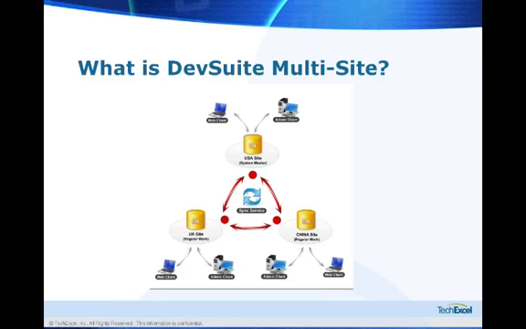Each of them is going to have their own database server, application server, and web server, and individuals are going to be able to connect to their local system via the web client or the admin client. And also starting in June, they'll also be able to use the Windows client for DevSuite. So all of those systems are going to sync data between them. And I'm going to explain what functionality occurs at each type of site, and also how the syncing works in the coming slides.